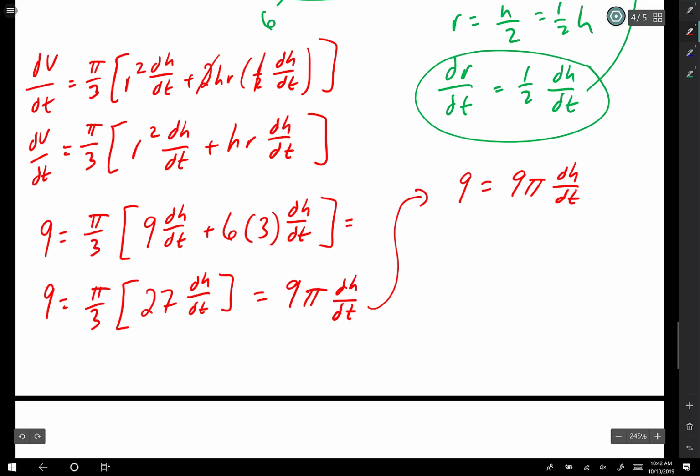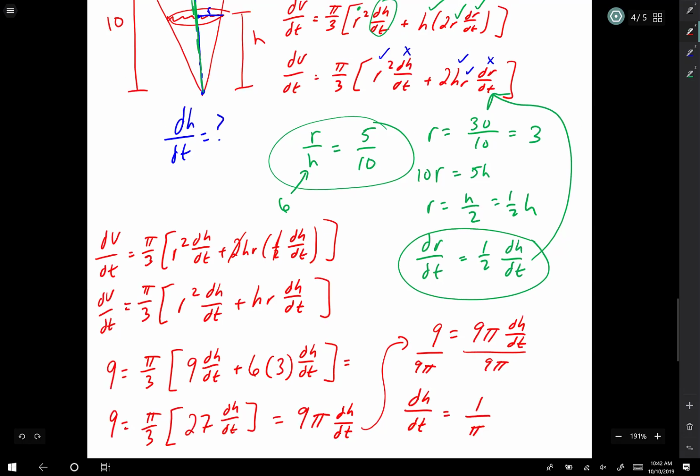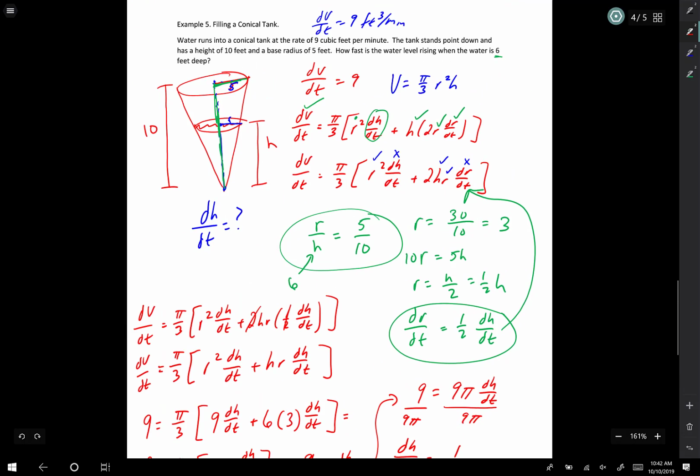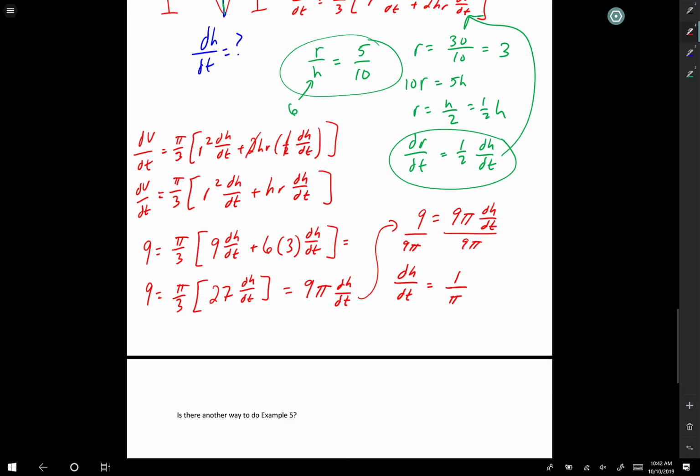To get the dH dt by itself, we've got to divide by 9 pi. The 9's cancel out. The dH dt is 1 over pi. And let's put units on this. What is this? Feet per minute.